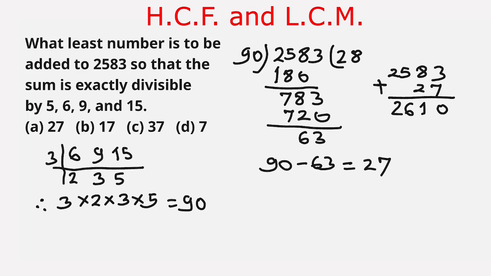The sum of the digits of 2610 is 9 and 261 is divisible by 9. Therefore, 2610 is also divisible by 90. From the given options, our answer is option A, 27. I hope you have understood the method of solving such type of questions. We go to the next question.